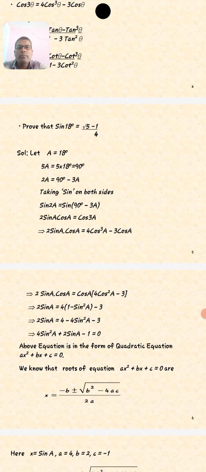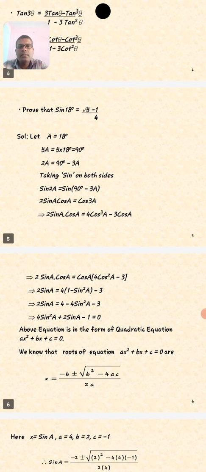Taking sine on both sides, we get sin 2A is equal to sin of 90 minus 3A. We know the formula of sin 2A is equal to what? 2 sin A cos A is equal to sin 90 minus 3A, which is equal to cos 3A. Sin 90 minus theta we get cos theta.